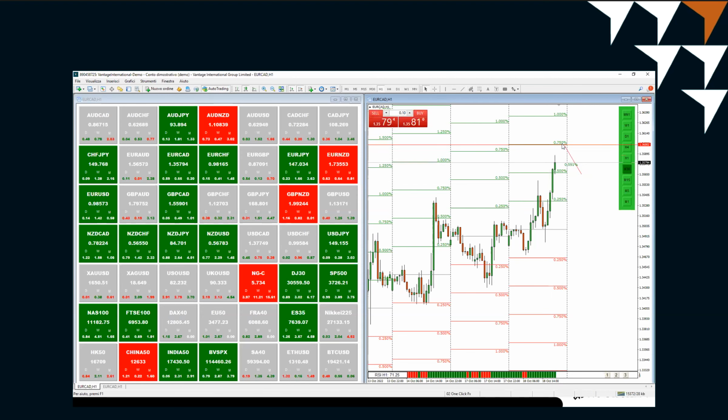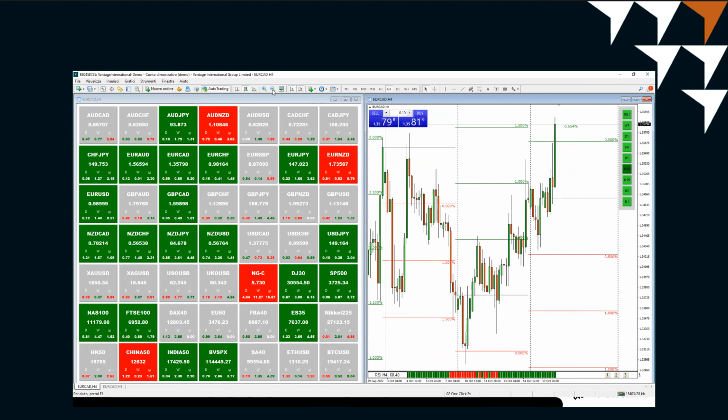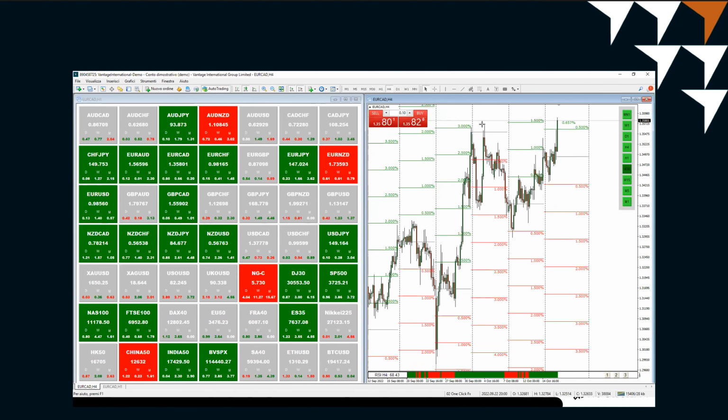But now we have to verify if this, besides being an interesting level above the average range of the currency pair, is also interesting in terms of previous price action, price structures. As you can see, this is interesting. This area just above here is interesting because we just broke a major resistance.